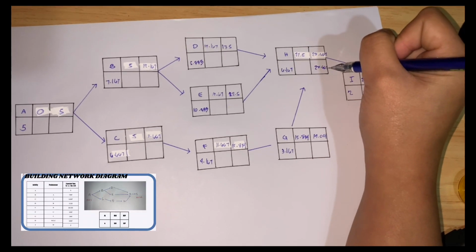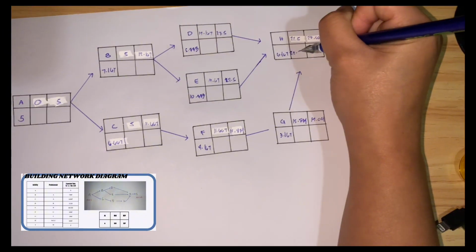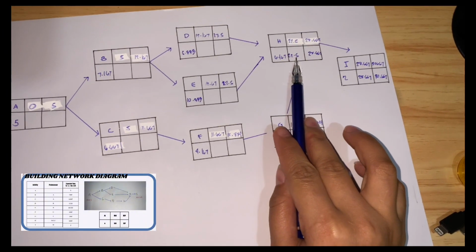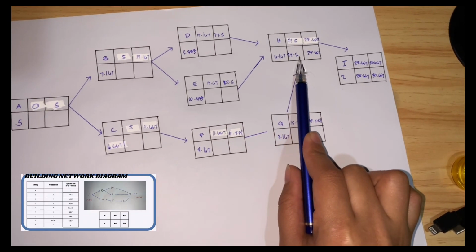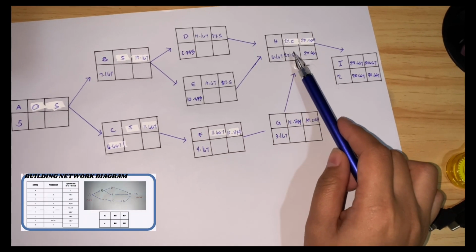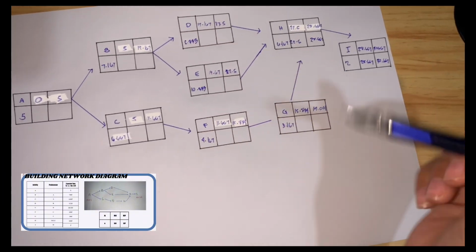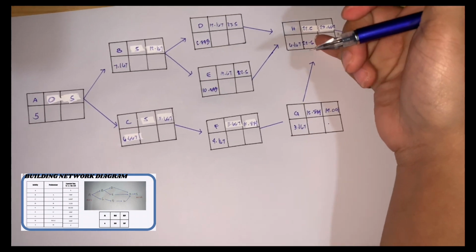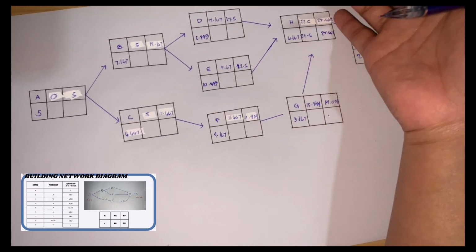So 28.667 minus the expected time of H is equal to 22.5. Since 22.5 is the latest start of H, we go to the backward pass, and the latest finish of G, E, and D is also 22.5, because this is the minimum and the only one that we backed from.